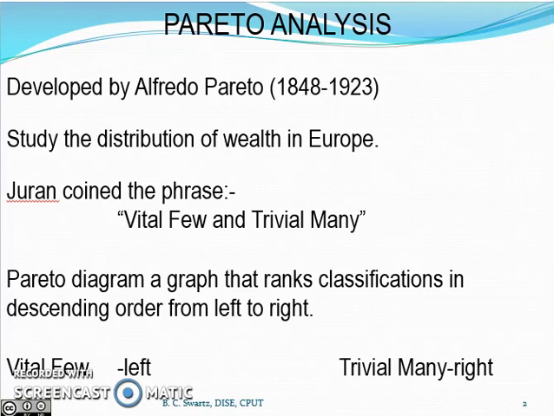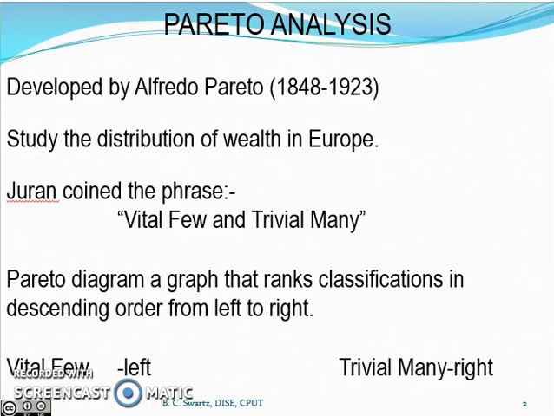What subsequently happened is that as more people heard about this principle, more people did research, and in the field of quality, which is what I lecture on, they found that this principle could be applied to problems. If you have problem sources that give rise to actual problems that you see either at your work or at home, you would find that 20% of these problem sources give rise to 80% of the problems that you see and that occur.